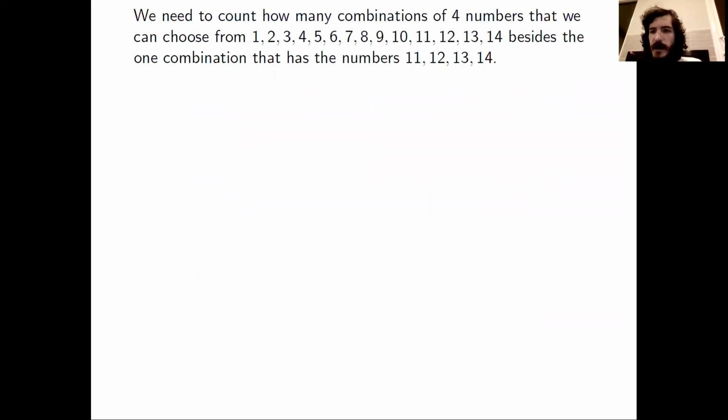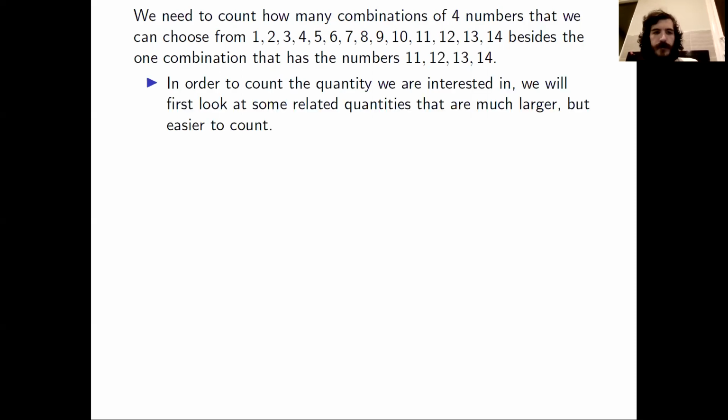Now, this does not answer the question that we were trying to answer. We want to know how many combinations of 4 numbers are there that we can choose from 1, 2, 3 up to 14, besides the combination 11, 12, 13, 14. In order to count that quantity, we can count another quantity that is more helpful than the one that we just counted.